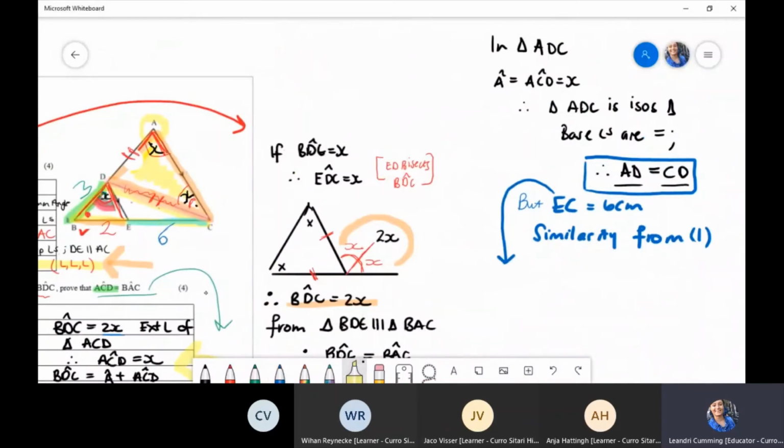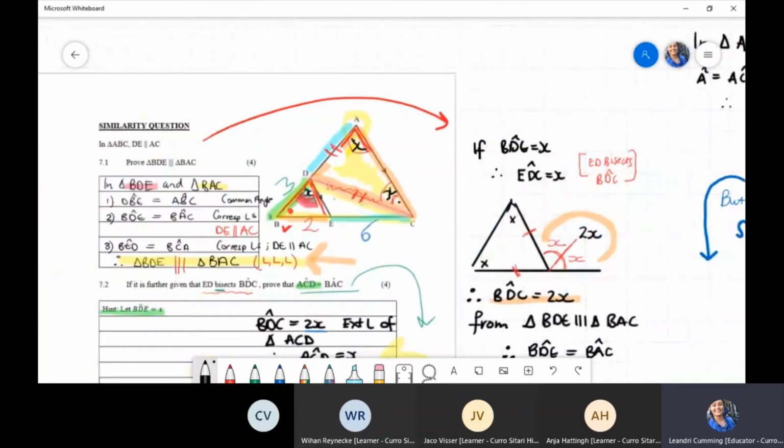So why am I focusing on AD? AD is part of a measure right there, which from my similarity will help me set up my sides in proportion. Let's set it up quickly. In the video that I sent before this, I mentioned that little rhyme to help you with the proportionality of your sides. Smiles and eyebrows, okay?